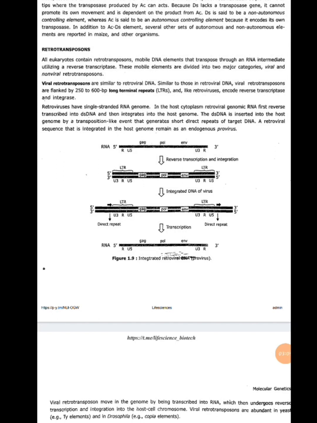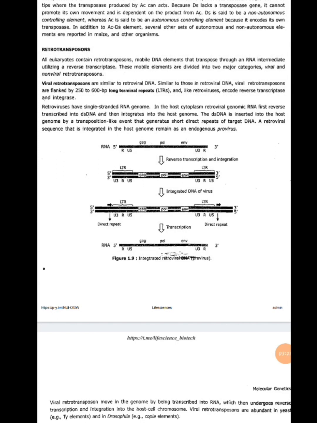How? Because, like retroviral DNA, viral retrotransposons are flanked by 250 to 600 base pair long terminal repeats.